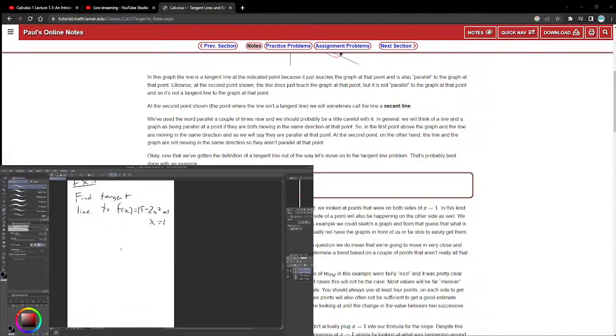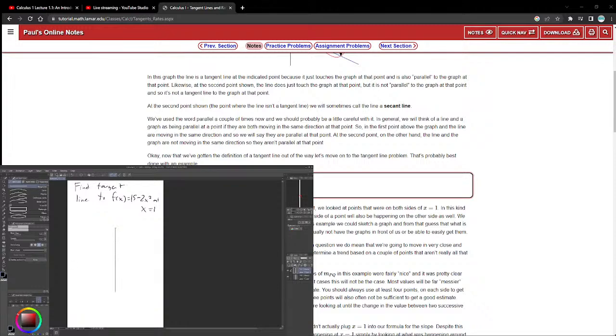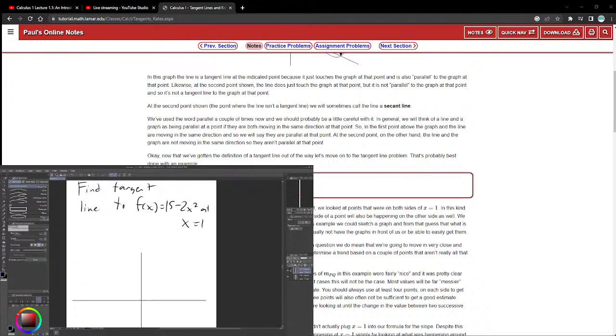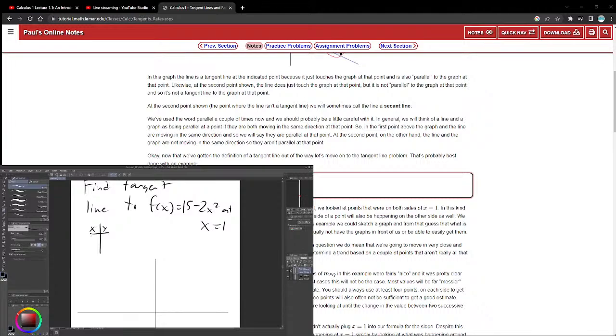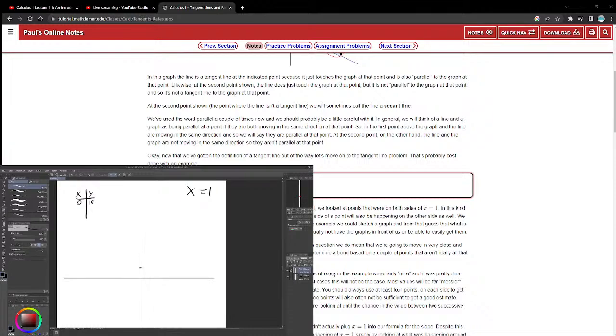Okay, so let's see. First I want to plot some points. When you plug in 0, you're going to get 15. So when x is 0, y is 15.